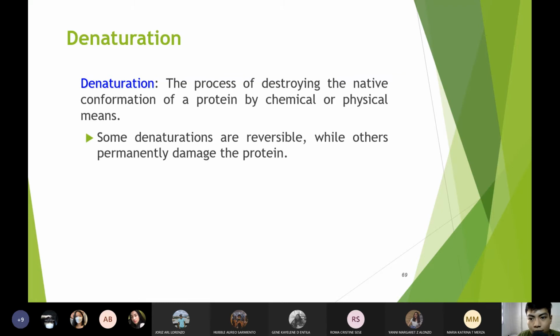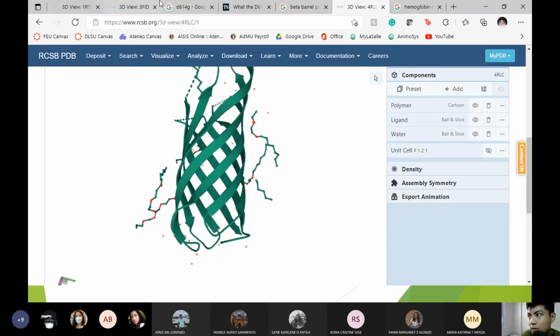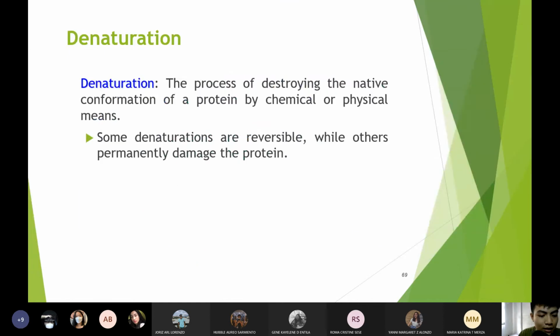So ano mangyayari? So let's say for example yung itlog, no? So pakita ko sa inyo yung albumin. Hanapin ko muna dito. Albumin. Chicken albumin, kasi ito ginagawa natin sa bahay. We are familiar with this one.